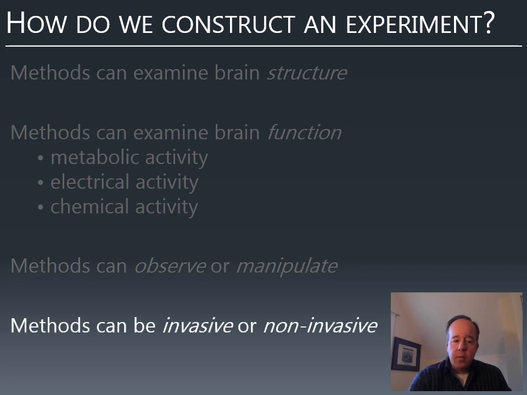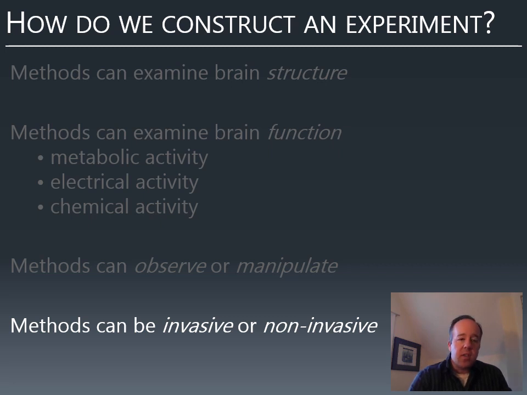Methods can also be what we call invasive or non-invasive. Invasive techniques are those that break the body envelope. You have to open up the skull, for example, to get to the brain. Or you have to implant an electrode inside the brain. Or you destroy part of the brain.